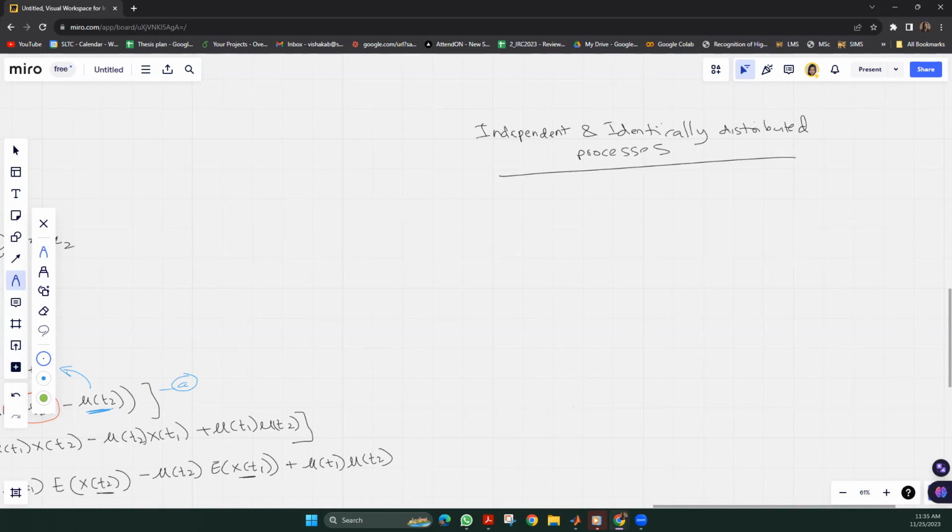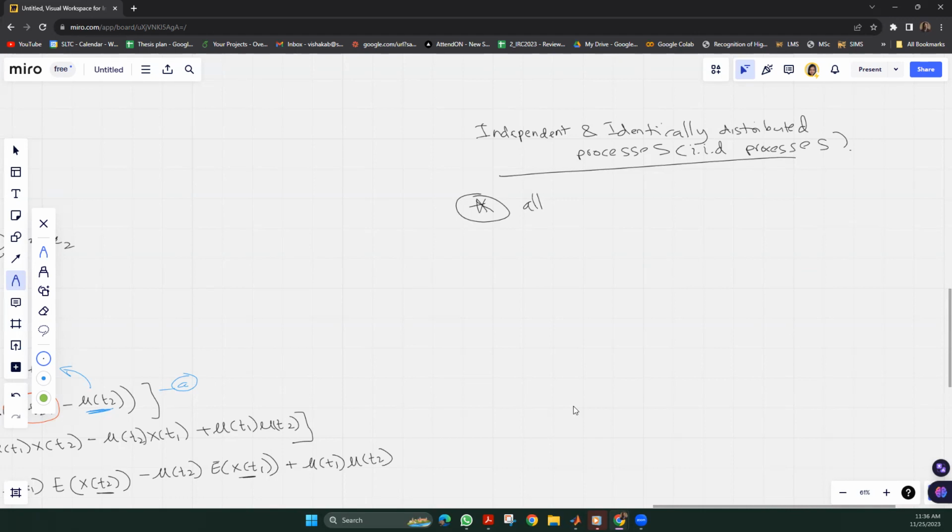In IID processes, the main feature that we can see is that all the random variables have the same PDF.